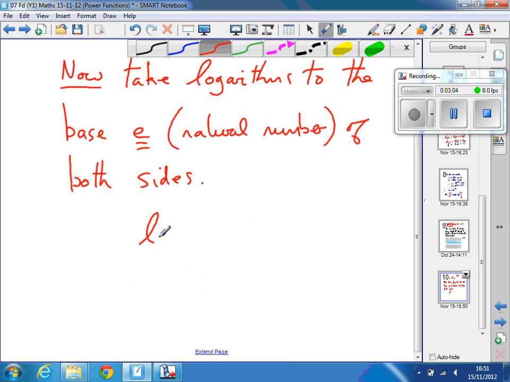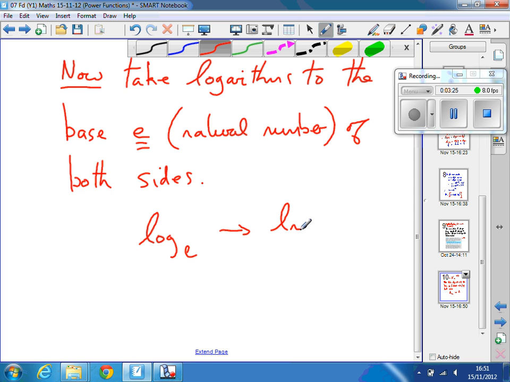And log to the base e, because we use it so much, is abbreviated to ln, the natural logarithm. And you've got an ln button on your calculator. So if you're suspecting an exponential function with the base e, then you would use the ln button, not the log button.